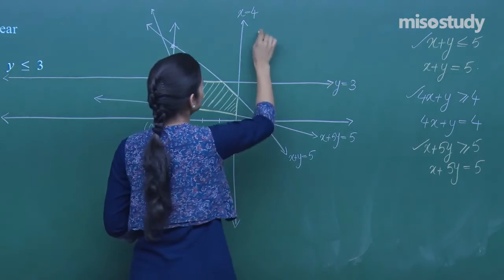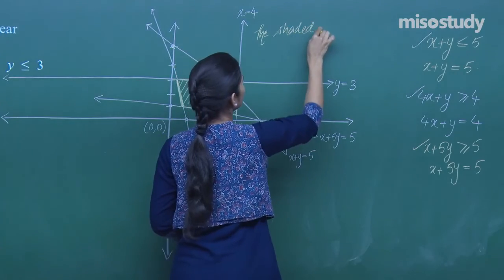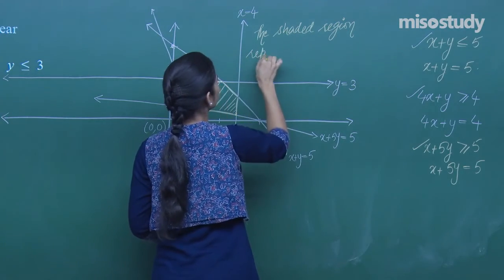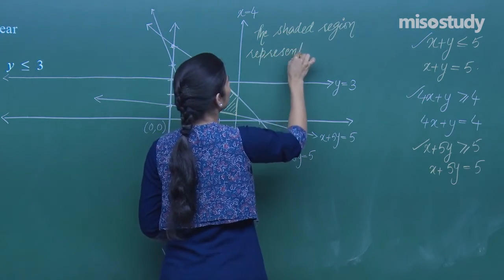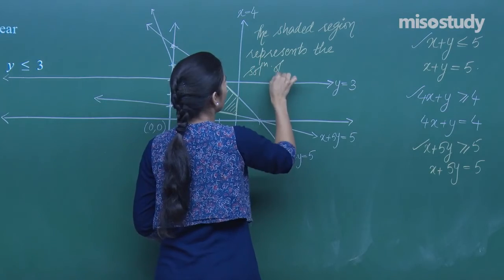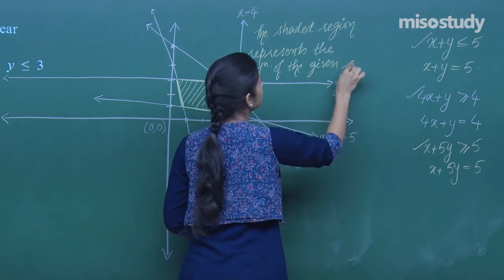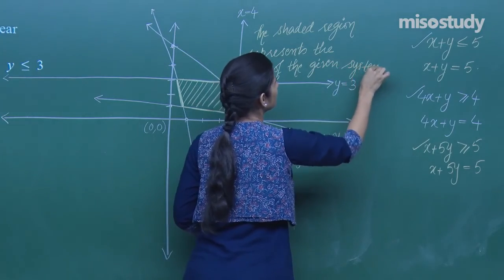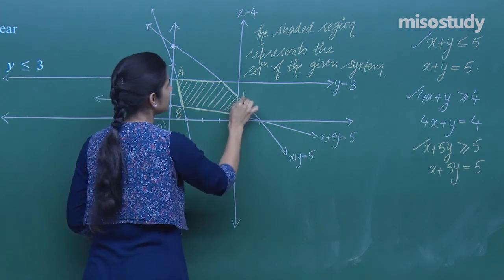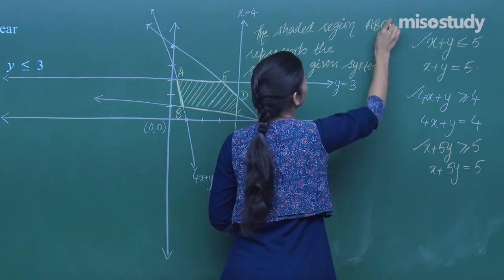The shaded region represents the solution of the given system. You can even write this as A, B, C, D, E.